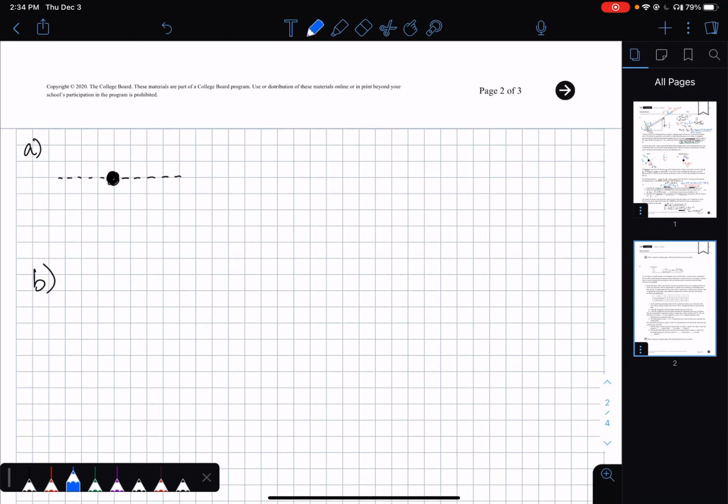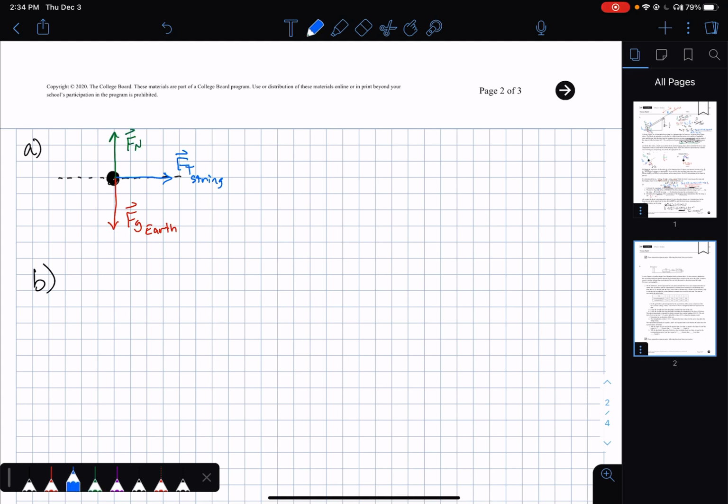So we have tension from the string. We've got the weight of the cart. We've got the normal force from the track.